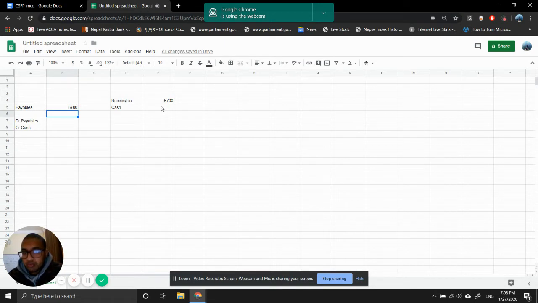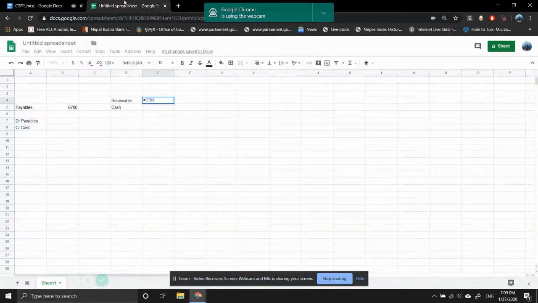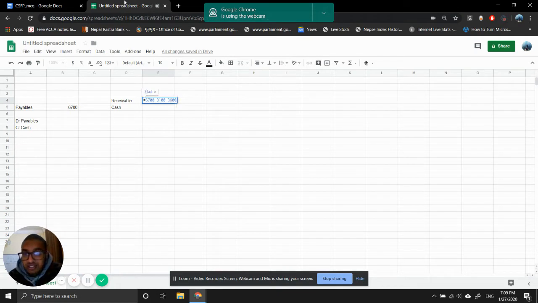So what you would normally do is deduct how much cash payment that you received. So how much did you receive? STV sent a payment of 3100, right? So 3100 would be removed, and then 3600 also would be removed, because that's an intergroup transaction, right? And then you would add 3100 in cash.